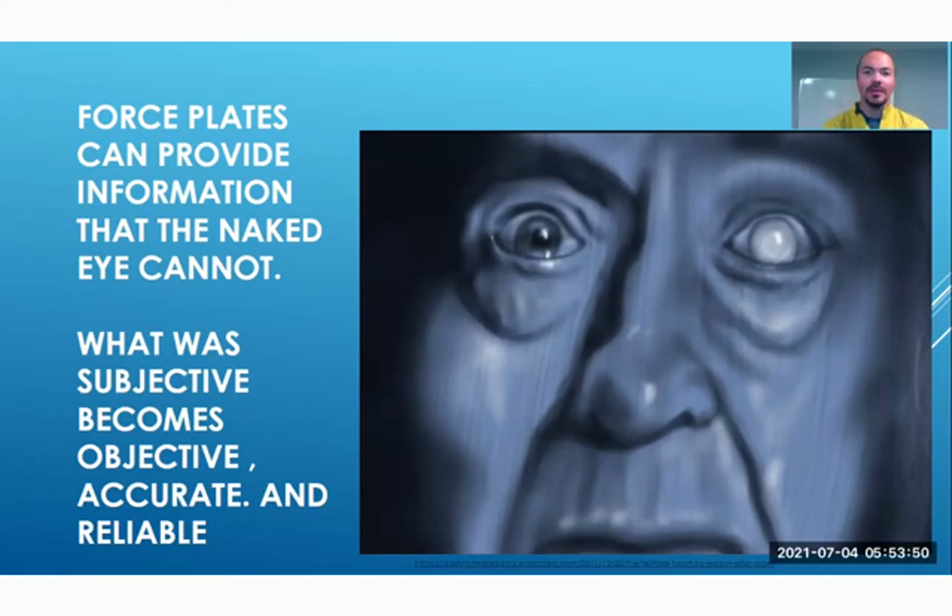What the force plate lets us do is take a quick jump, a few jumps on the scales, and all of a sudden we have this array of data that we didn't have before. It helps us identify weaknesses and utilize certain movements to help us improve our physical abilities. So what was subjective becomes objective, accurate, and reliable.